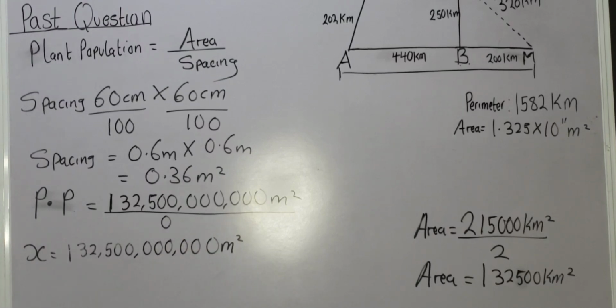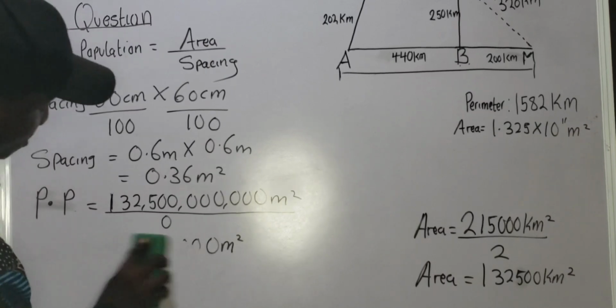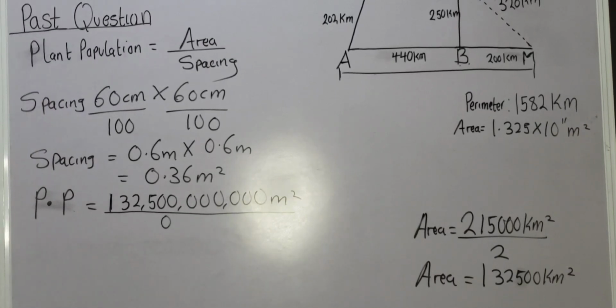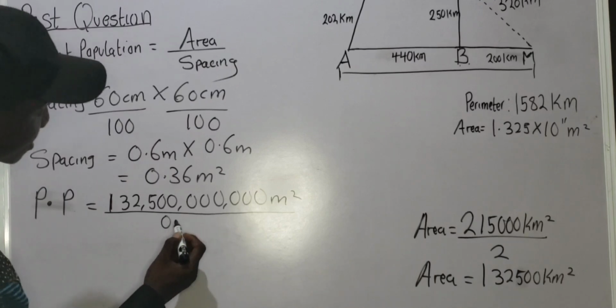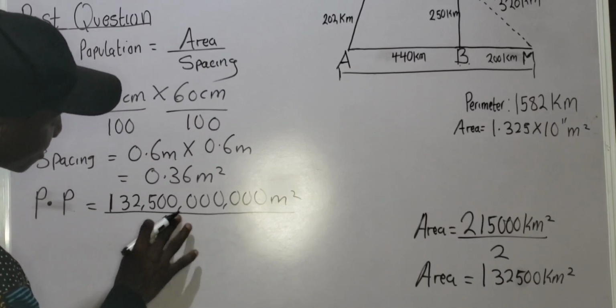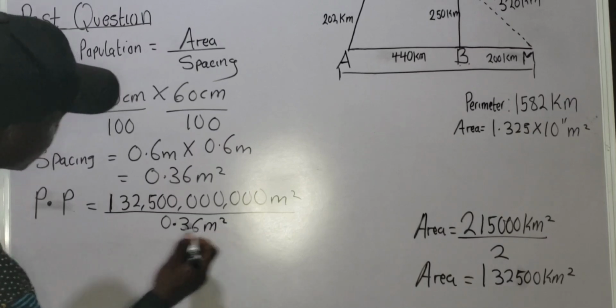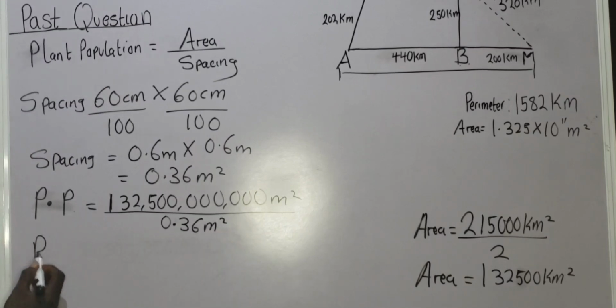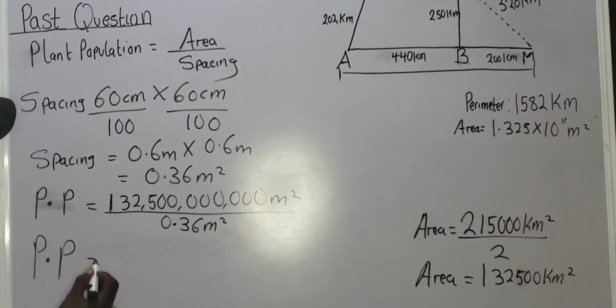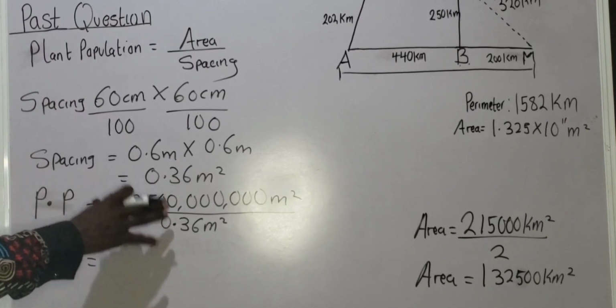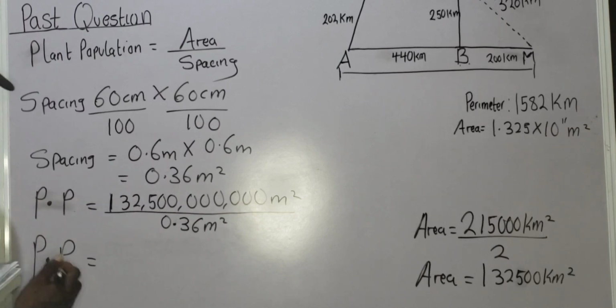Okay, so that is 0.36 meter squared. So the plant population is equals to, if you divide this by this, you're going to get 368.